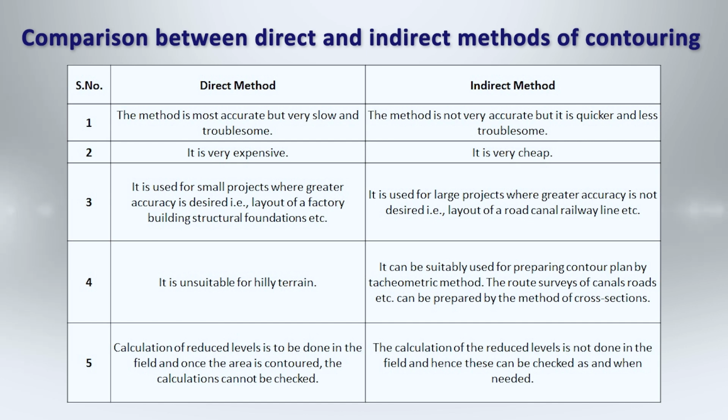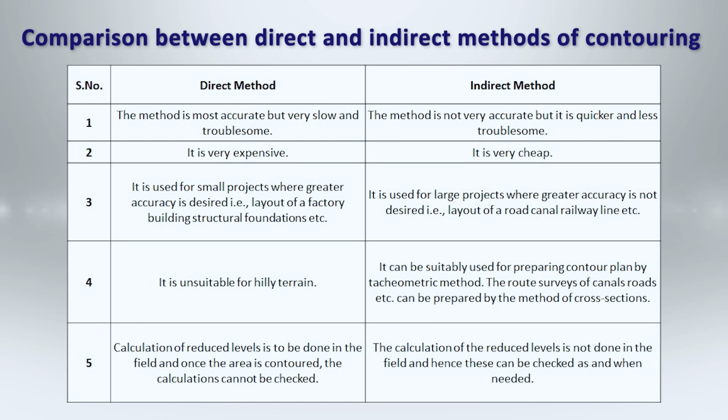The direct method is used for small projects where greater accuracy is desired, that is, layout of a factory, building structural foundation, etc. The indirect method is used for large projects where greater accuracy is not desired, that is, layout of a road, canal, railway line, etc.